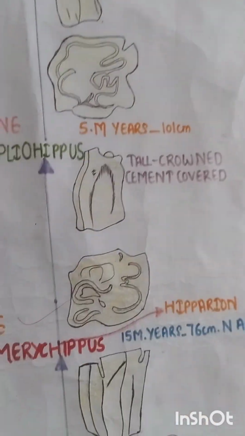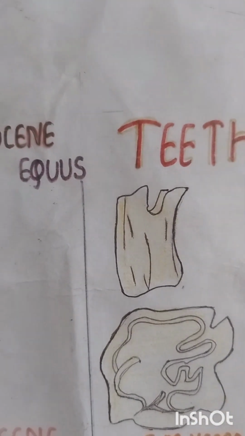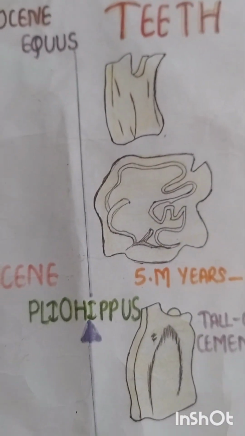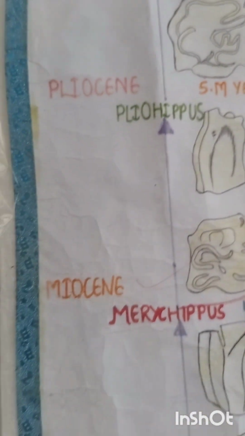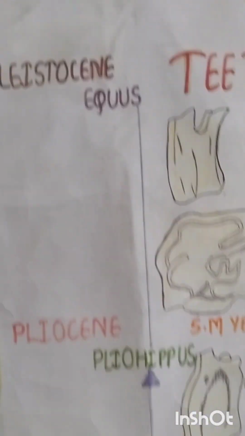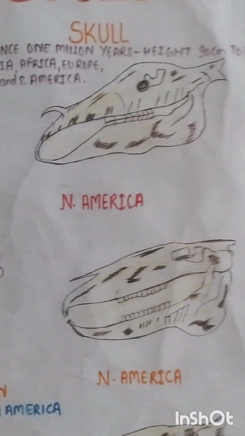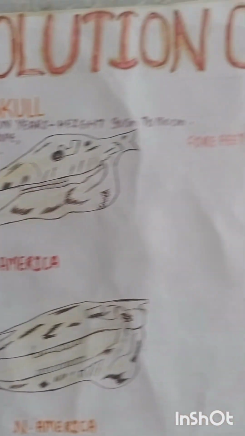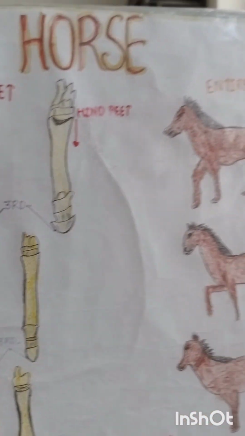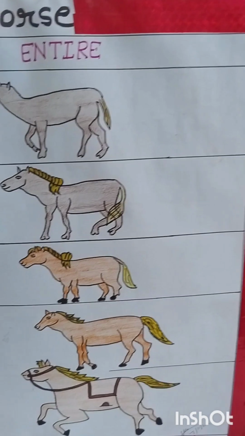So different time periods, like you can see Pleistocene, Pliocene, Miocene, Oligocene, and Eocene. From Eocene time to Equus, you can see differences in their structures, in cranium, in tooth, in hind limb and forelimb, in posture, as well as the height.